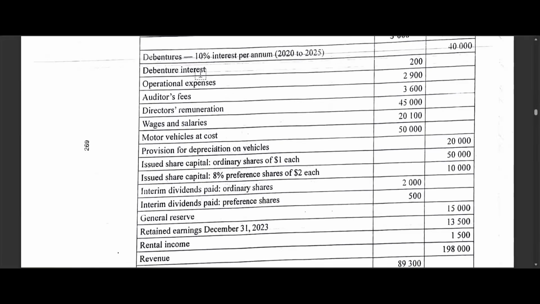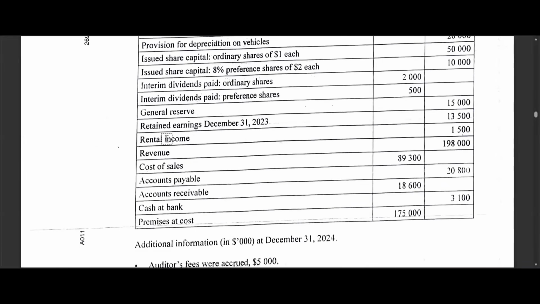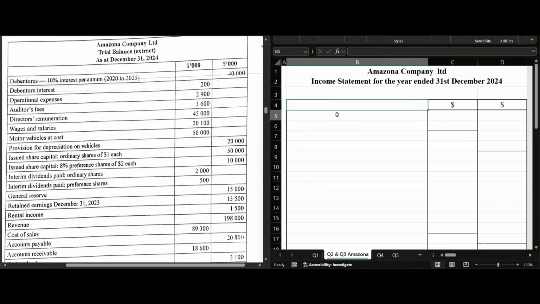Now if you look closely at the data given in the trial balance, we do have revenue, right, 198. So normally you start off your income statement with revenue. So let's start that up one time. Alright, so you can start up with revenue first. Revenue is 198.